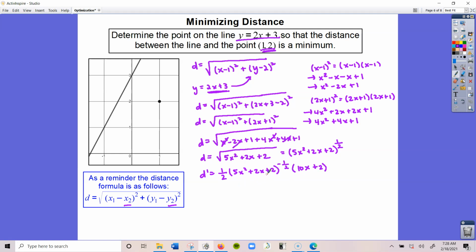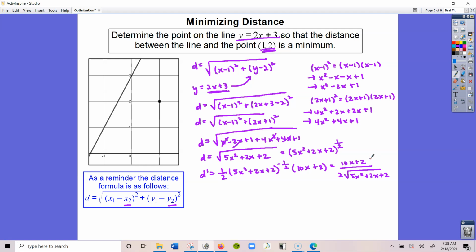Now let's rewrite this so it's a little bit easier to work with. This is going to give me 10x plus 2 over the 2 from the 1/2. And then this is all down in the denominator because of the negative exponent, and it is a square root of 5x squared plus 2x plus 2.